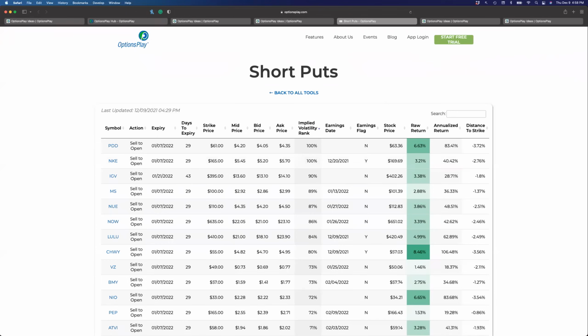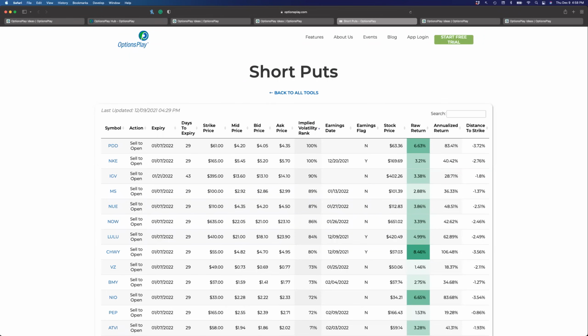Is there an exit strategy if the stock drops in value? Not really, because you are selling a put option on a stock that you want to purchase. Do you have an exit strategy on your limit order?